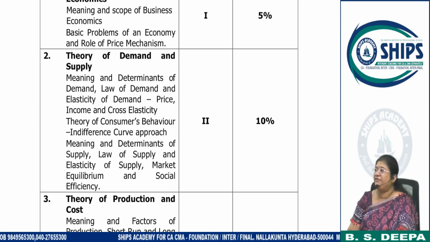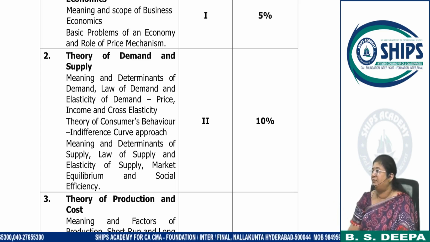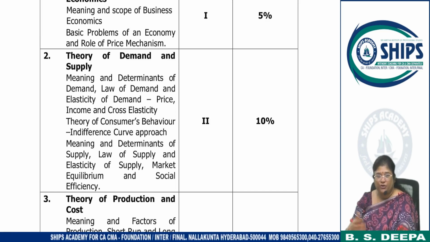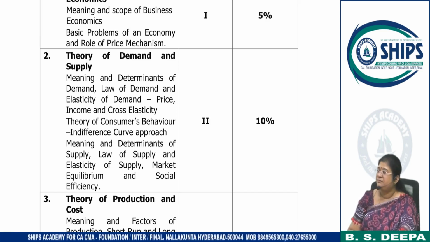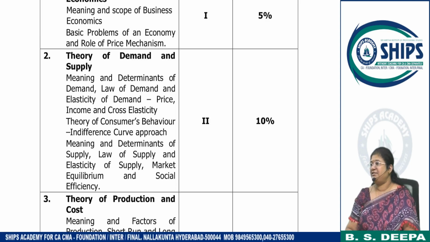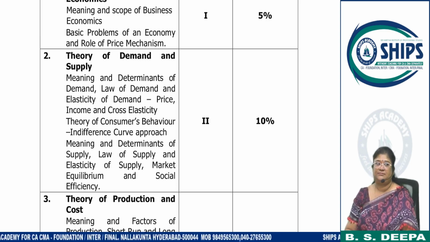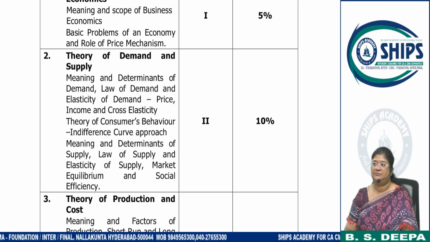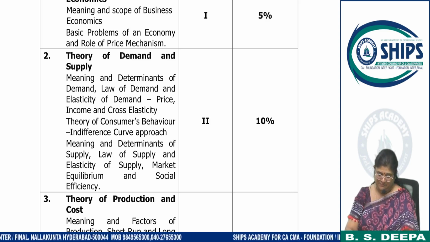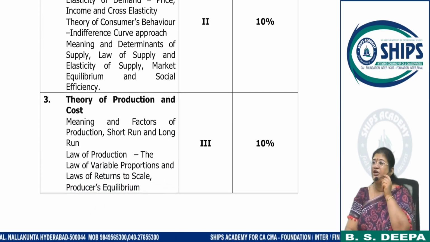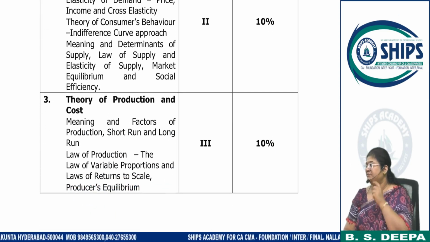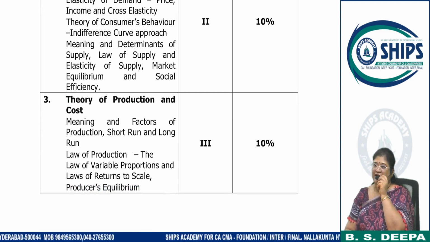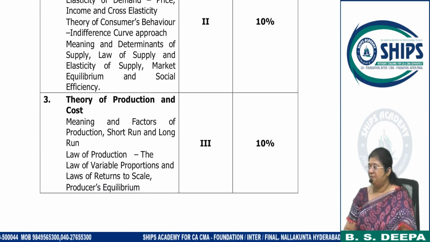So if you write down the weightage, it will be useful for you when you are revising. You can concentrate on those units where you get more weightage. Better to write. First unit 5%, second unit 10%. Third unit again 10%. Production and costs 10%.